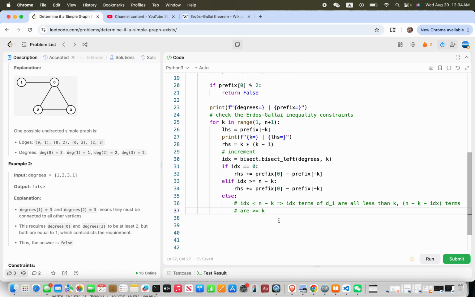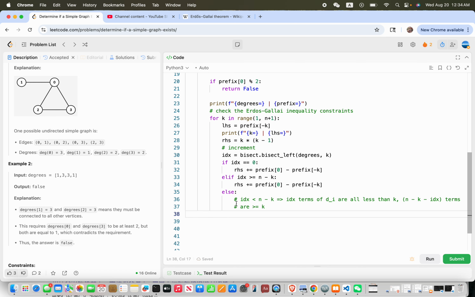In this case, for the first idx terms, we are going to use the summation of those di's.